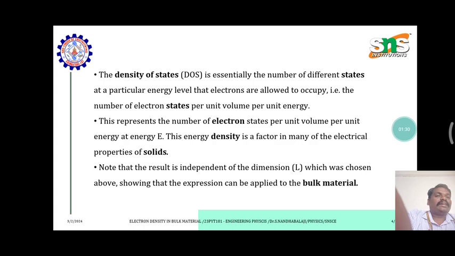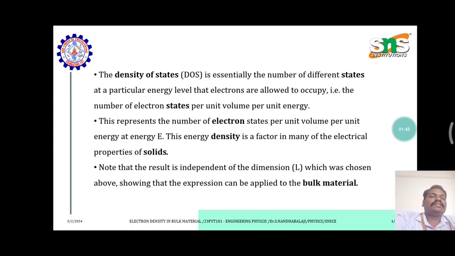The density of states is essentially the number of different states at a particular energy level that electrons are allowed to occupy, the number of electron states per unit volume per unit energy.